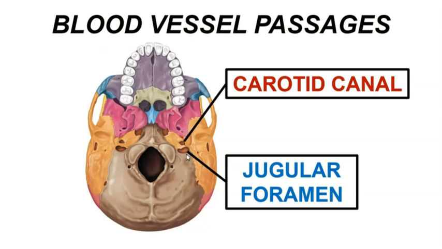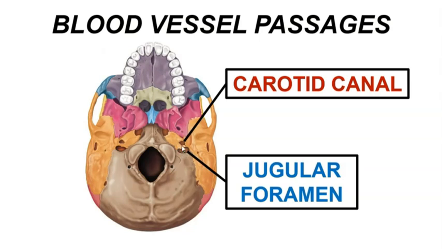The jugular foramen sits at the junction between the occipital bone and the orange temporal bones here. And these allow for the passage of a vein called the internal jugular vein, which drains blood from the skull and returns it back to the heart. And it also allows passage for 3 cranial nerves, that is cranial nerves 9, 10, and 11, which we'll learn about in the peripheral nervous system when we get to that chapter.